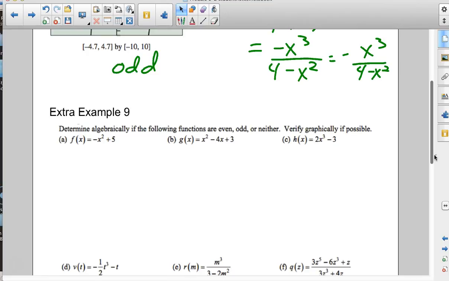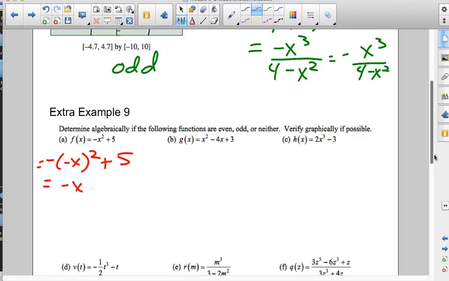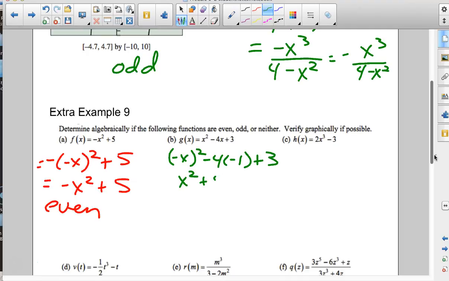Thought we'd at least get through. Let's give it a try. Let's take a look at A. What are you going to do? Even, odd, or neither? Even. Even, odd.